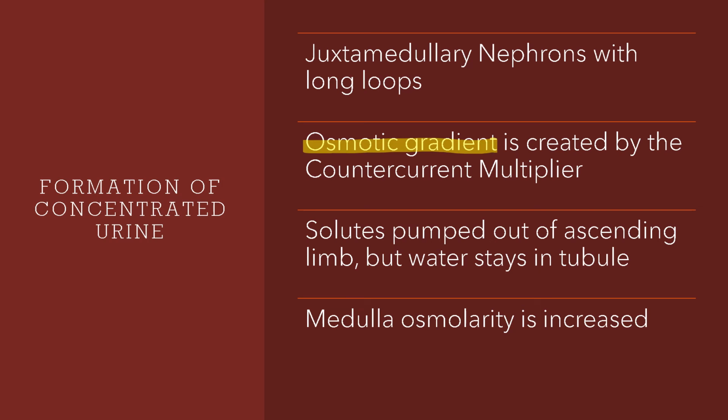Now there are 2 main factors that contribute to building and maintaining this osmotic gradient. First off, these are the differences in solute and water permeability and reabsorption in different sections of the nephron loops and collecting ducts.